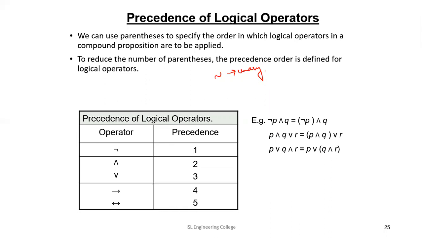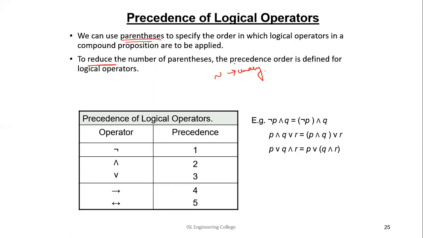And generally what is done is we use parentheses. So as I've mentioned over here, we use brackets to specify the order in which logical operators are to be used. Now if you have a lot of logical operators in a compound proposition, then you will have a lot of parentheses also.